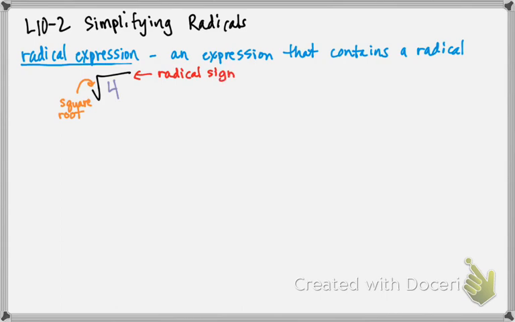And then we've got the guy that's underneath, he's called a radicand, so we're going to be focusing in on him. And if I put both of these together, and I look at that radical sign with its radicand, we often just refer to this as a radical.